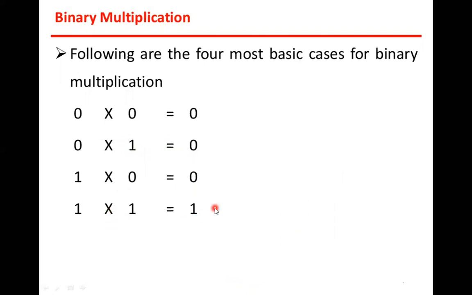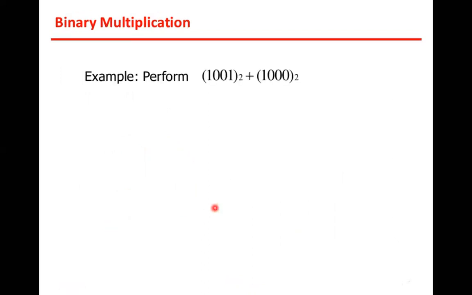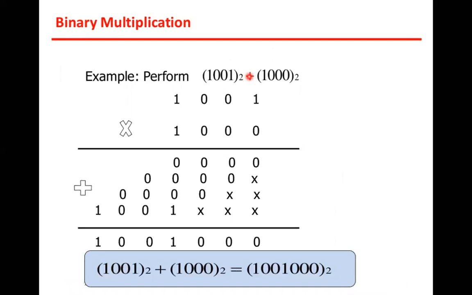It is very simple. If you multiply 1001 into 1000, you'll get the answer. This is as simple as what we do in normal mathematics, and then the addition has to be taken care of.